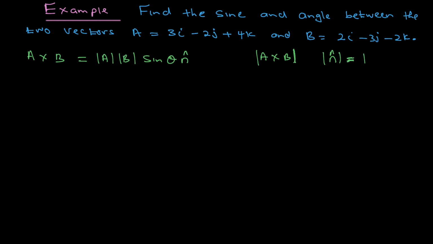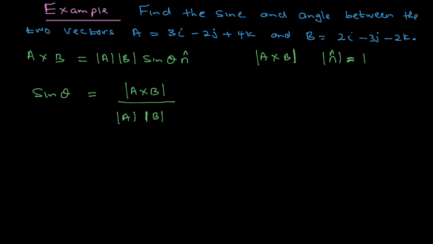And so now what we need to do is rearrange this and write sine theta equal to the modulus of A cross B divided by the modulus of A and modulus of B.